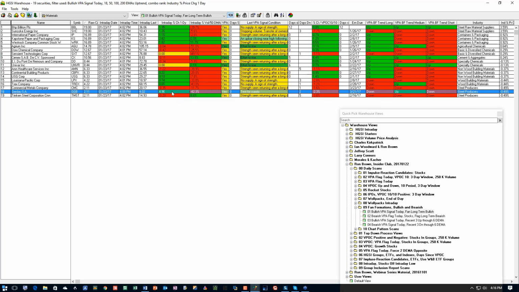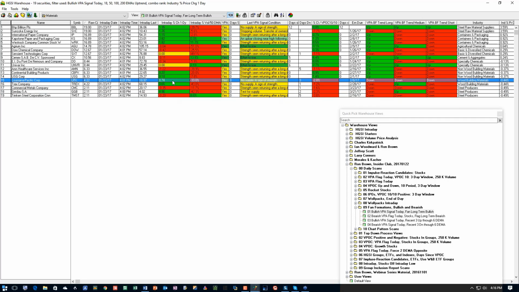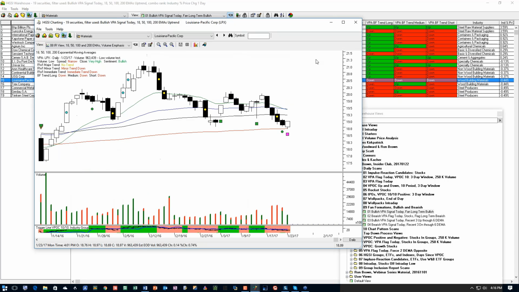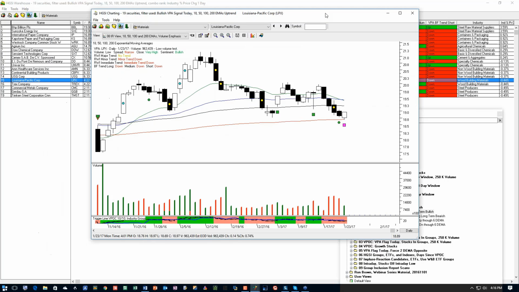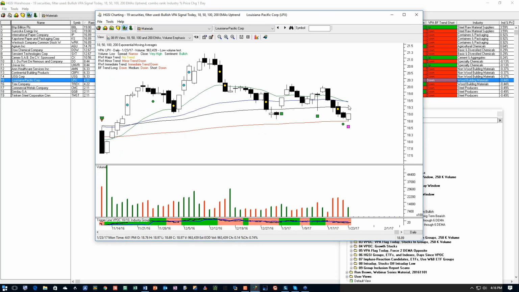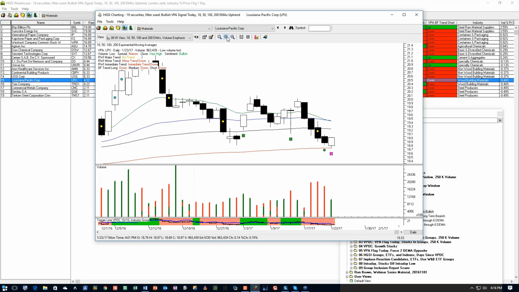So let's take one more. Let's look at a well-known stock here in this group, Louisiana Pacific. See how this one looks. Now, this is a good example. This is Friday's data. Here is where the flag was generated, and look what happened today.